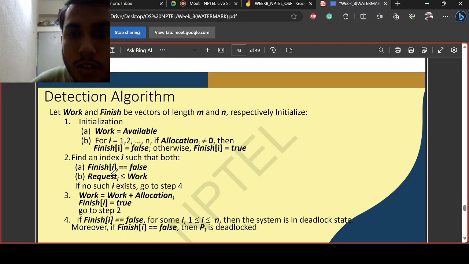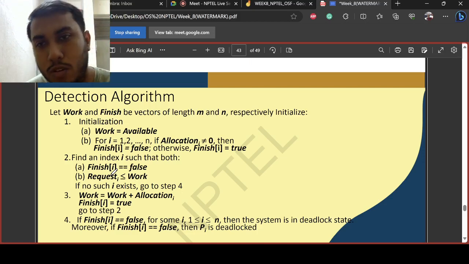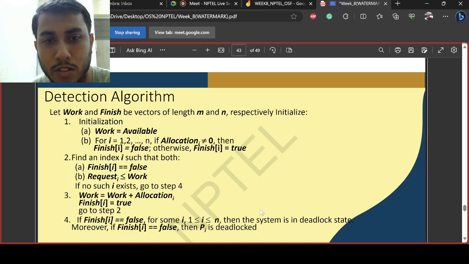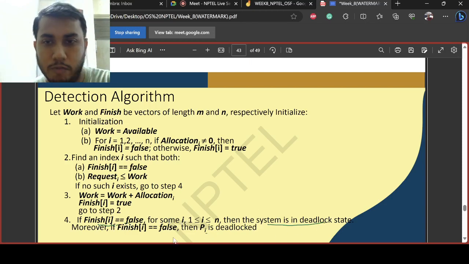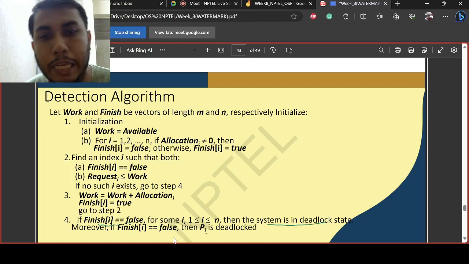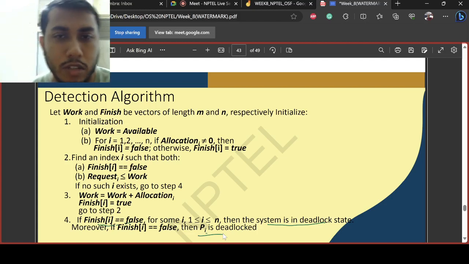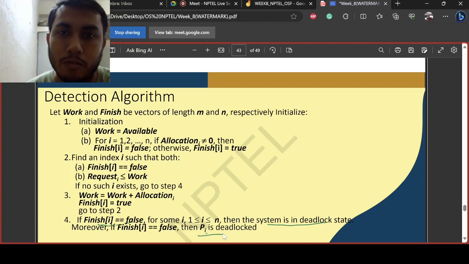If no such i exists, go to step 4. If for any of the finish is false, then the system is in a deadlock state. If finish[i] is false, then Pi is deadlocked. So the algorithm is quite the same. Here you are using work equal to available.